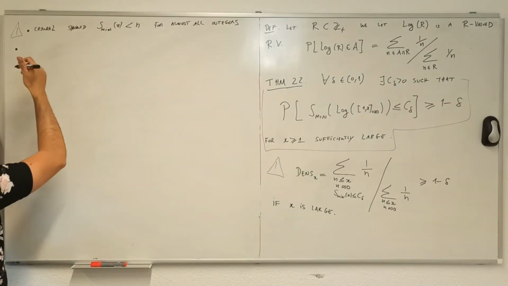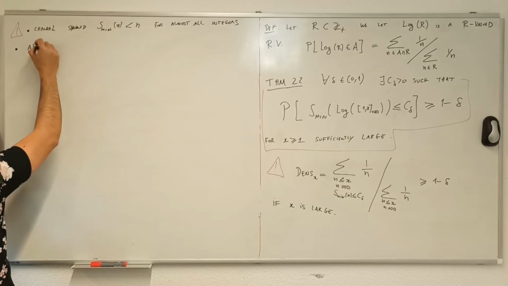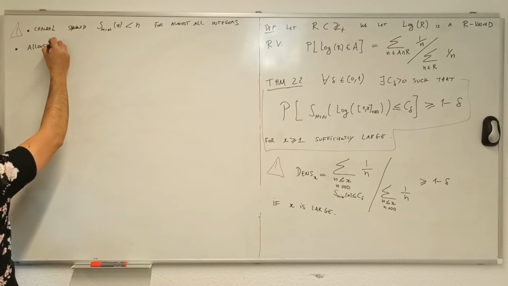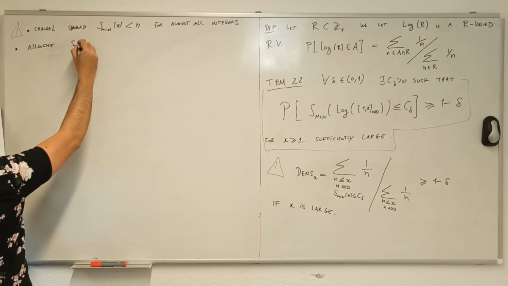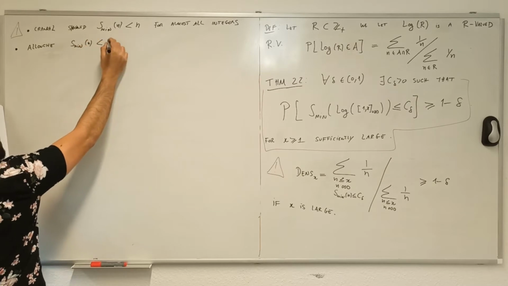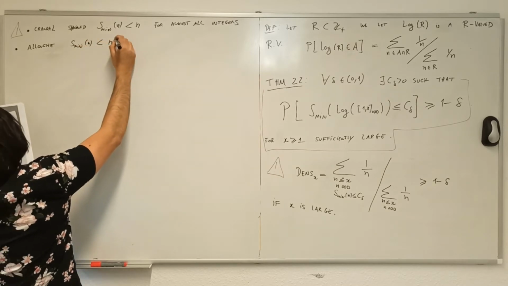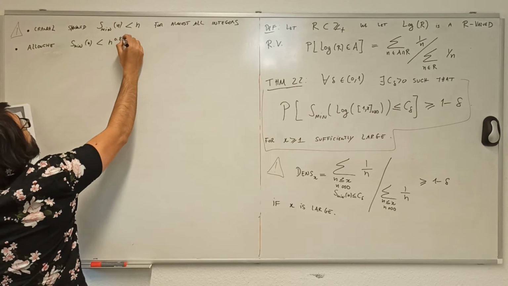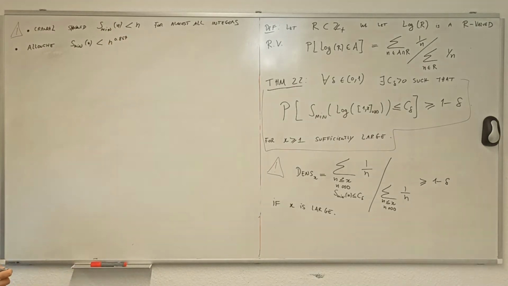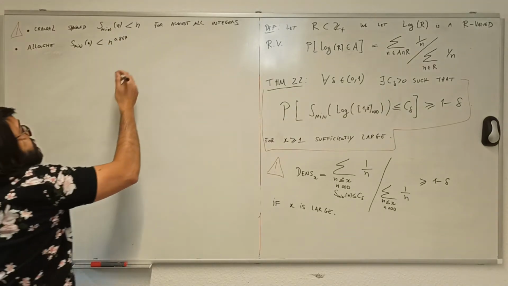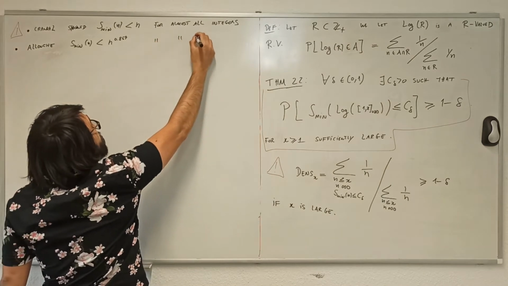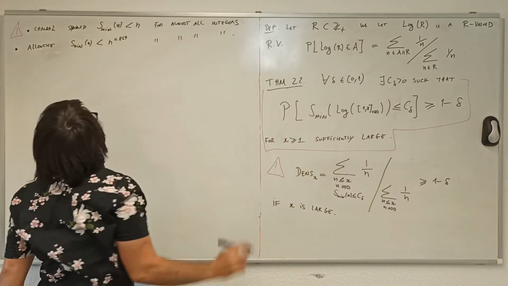Over this there was an improvement by Alaouche, which showed that this holds with exponent 0.869, again for almost all integers.